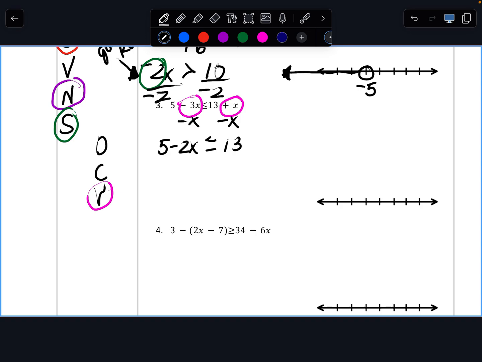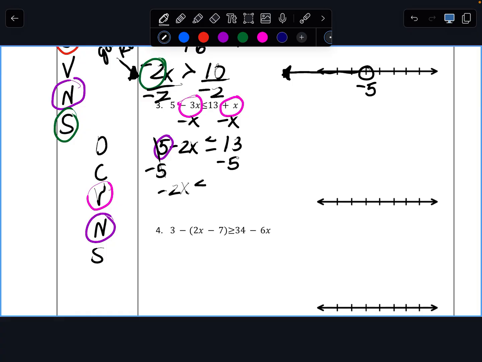Great. Now, numbers, yes. I do have the number step. I need to get rid of this constant. I'm going to move the one on the side of my variable by using inverse operation. So negative 5, negative 5. These cancel. I have negative 2x.